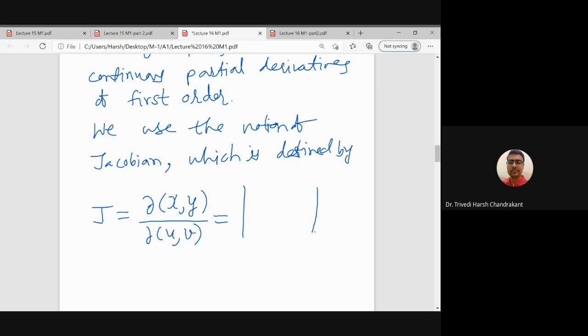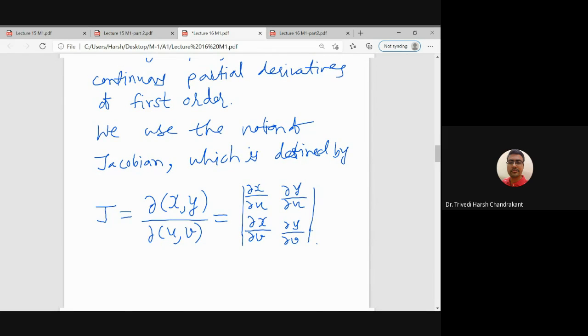So we differentiate x with respect to u, and x with respect to v. Then we differentiate the y function with respect to u and with respect to v, right?